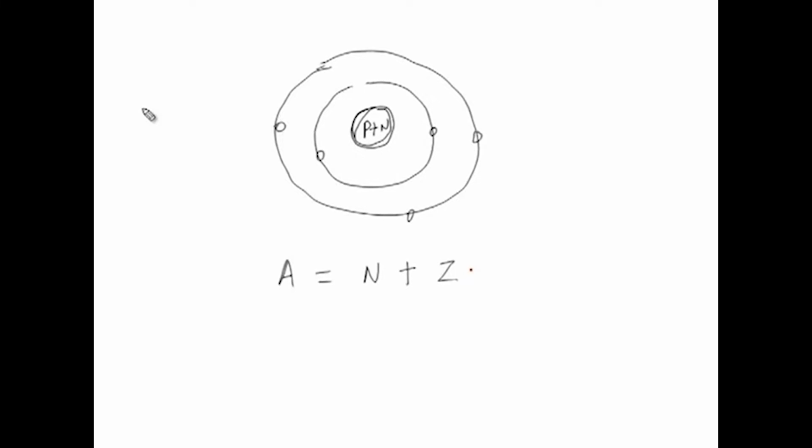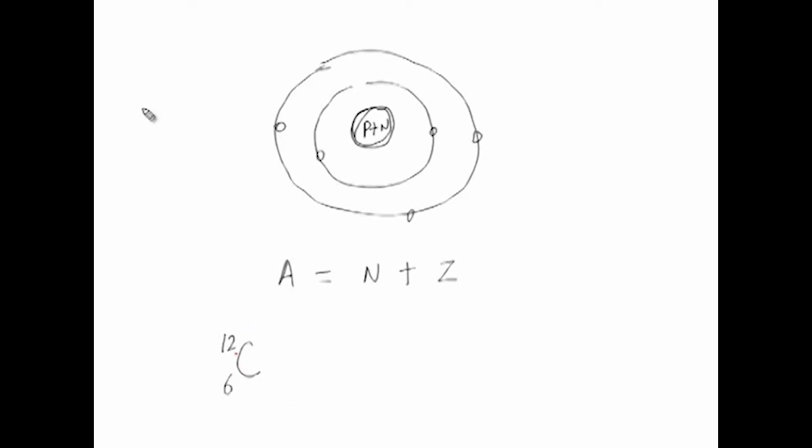Now, to take you further, for convenience, we denote a particular atom by, say, a single letter: carbon by C, oxygen by O, or nitrogen by N. Now, this C will have a subscript and a superscript. The subscript gives the proton number, or atomic number, and the superscript gives the atomic mass of that particular atom.